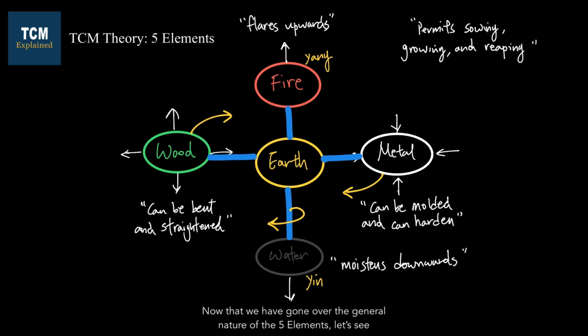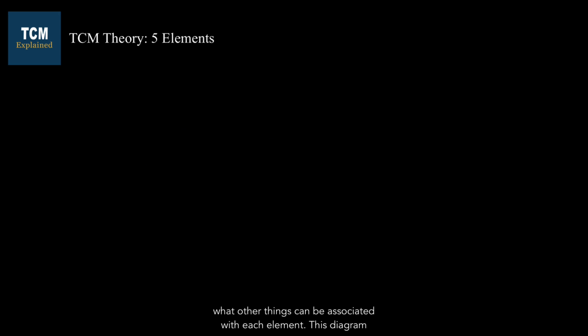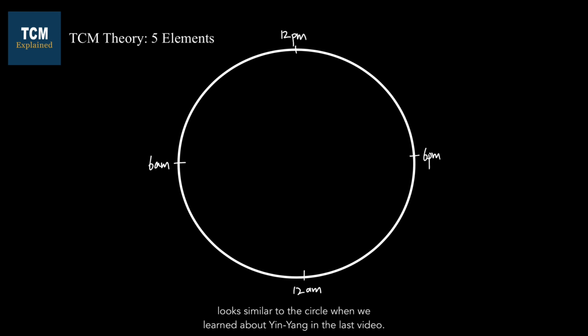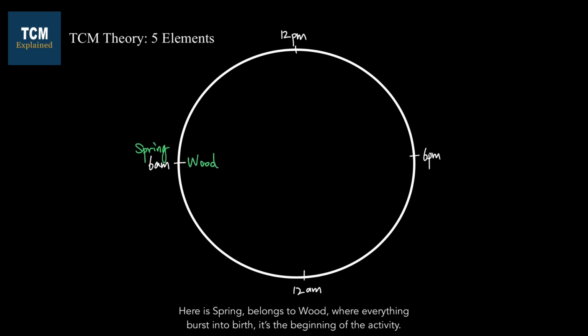Now that we have gone over the general nature of the 5 elements, let's see what other things can be associated with each element. This diagram looks similar to the circle when we learned about yin-yang in the last video. Here is spring, belongs to wood, where everything bursts into birth. It's the beginning of the activity.